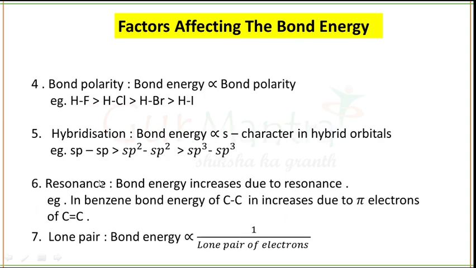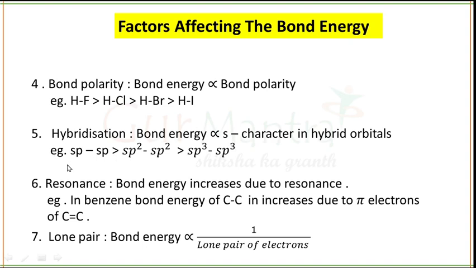Next factor is bond polarity. Bond energy is directly proportional to the bond polarity. Next is hybridization. Bond energy is directly proportional to the s character in the hybrid orbital. As the s character increases, bond energy will also increase.